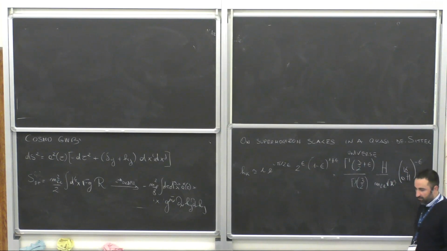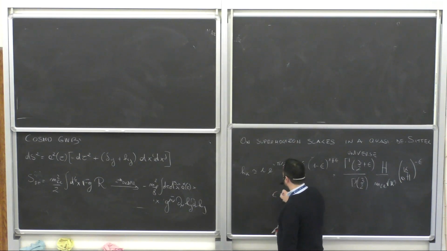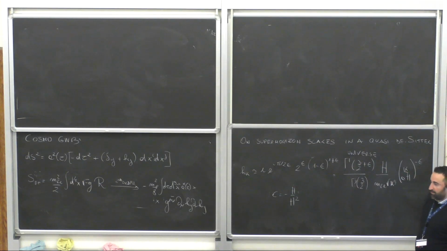Don't be scared. This is the slow-roll parameter, epsilon, that is minus H dot over H squared, and these are the gamma Euler functions.